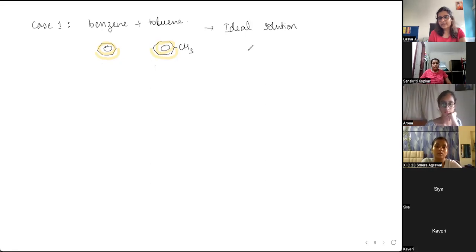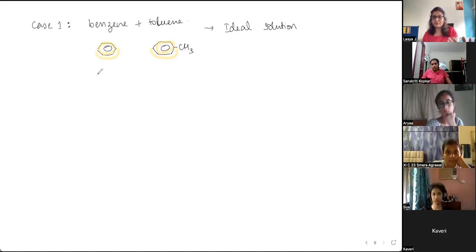They will obey Raoult's law because the interactions between two benzene molecules, between two toluene molecules, and between one benzene and a toluene molecule are pretty much the same, the attractions and repulsions. So when molecules escape into the atmosphere, the rate of evaporation is going to be the same, and the vapor pressure overall is going to be as expected.